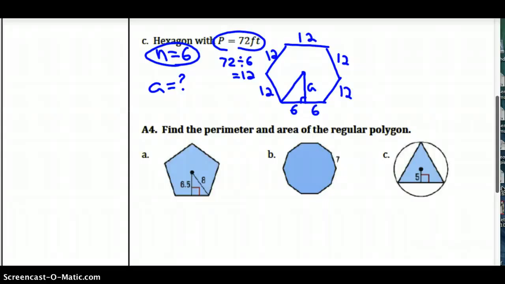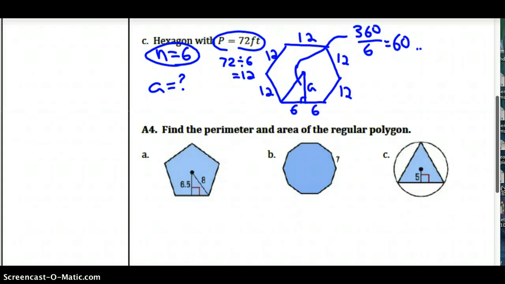So now we should be able to approach doing something either Pythagorean or SOHCAHTOA. Now, I don't know what the radius is going to be, but I can figure out this angle. I'm going to bring that up here, 360 divided by 6 to get the central angle, and then that equals 60.